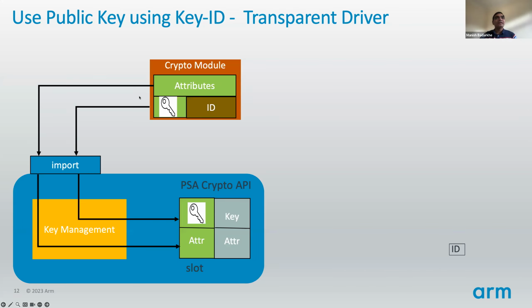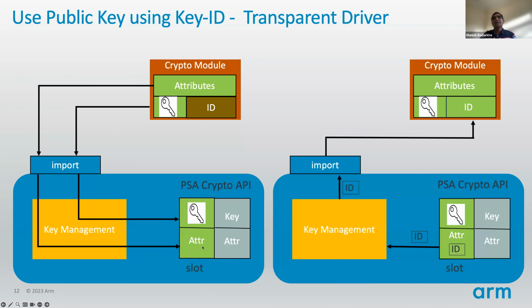Once the import API gets these two things, the key management layer in the PSA Crypto API stores this key and its attributes in one of the available slots locally and creates a key ID out of it. Once this key ID is generated, it is given back to the crypto module, and this key ID will be used for further operations.